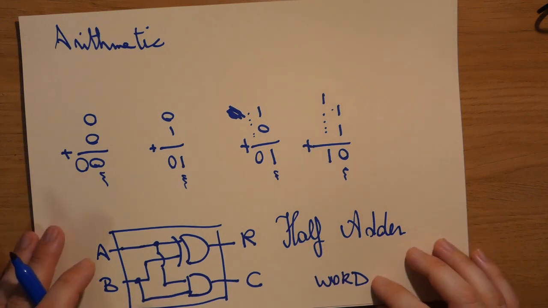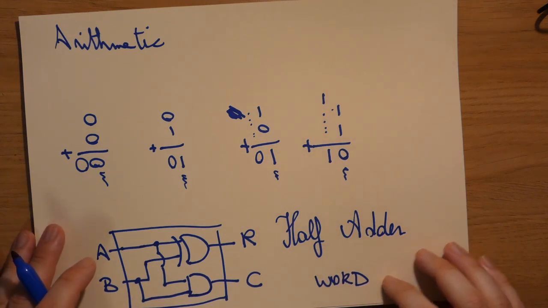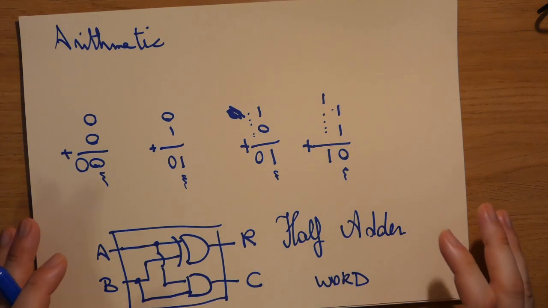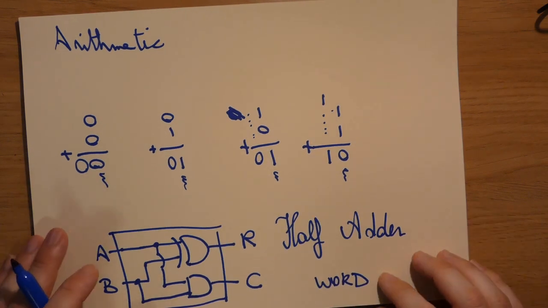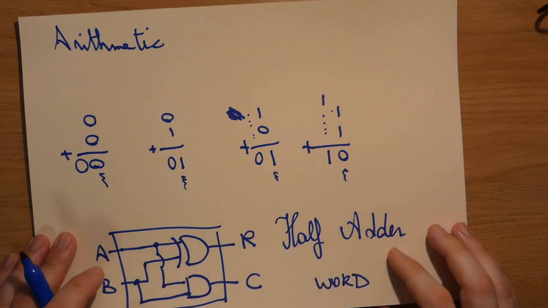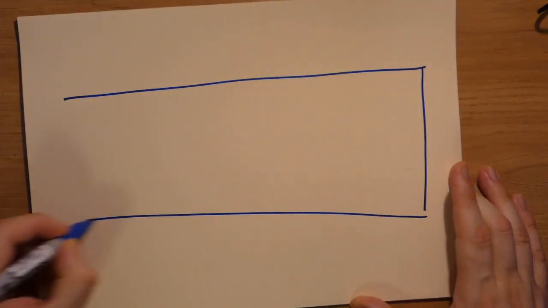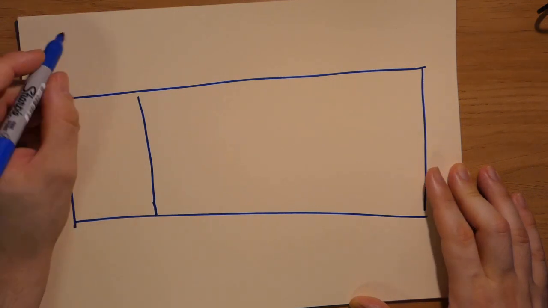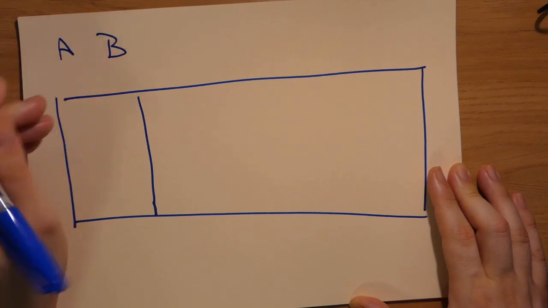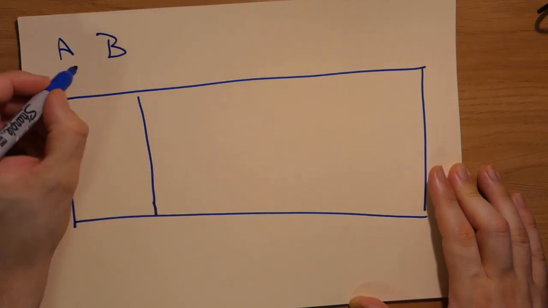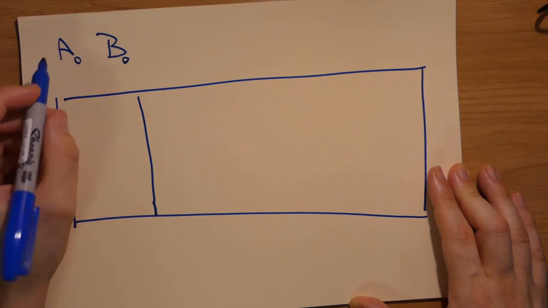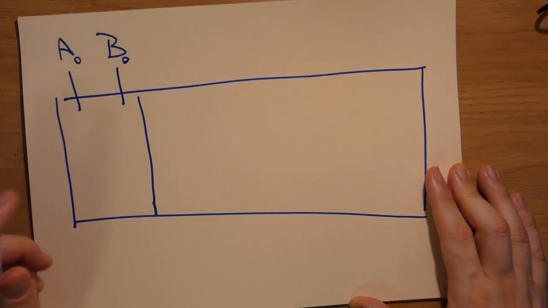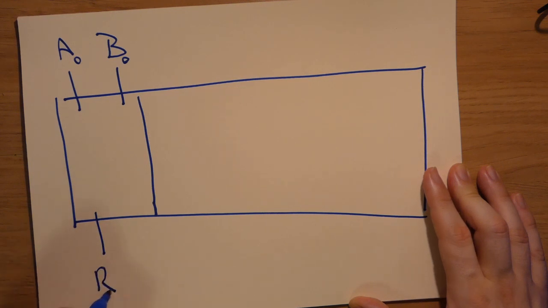So now for the purpose of making it easier on myself, for the purpose of practicality, I am going to assume a 4-bit computer and look at how a 4-bit full adder would work. So I am going to add numbers A and B, but because they're now 4 digits, I'm going to call this the first digit, A0 and B0, and then the result, this will be the first digit of the result, R0.